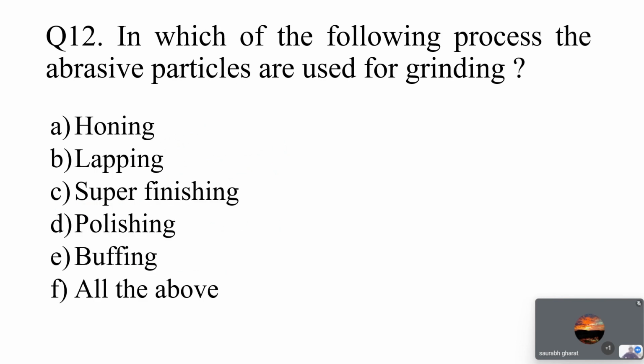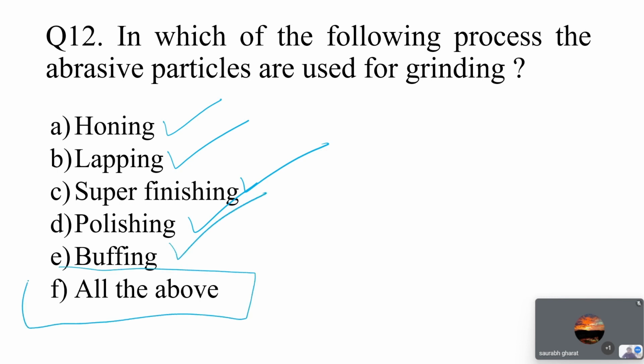In which of the following processes are abrasive particles used for grinding? Okay, we are using honing, lapping, super finishing, polishing, buffing. So in honing we are using abrasives. In lapping again for higher surface finishing, super finishing again for higher surface finishing. Because mostly here we are using loose abrasives.